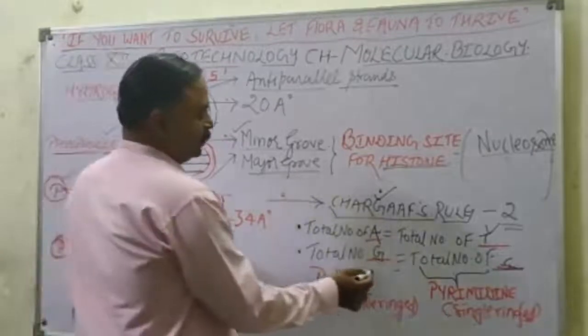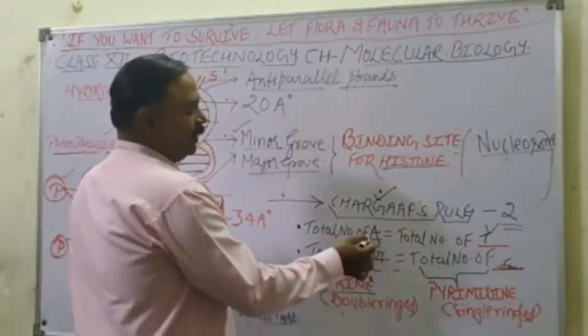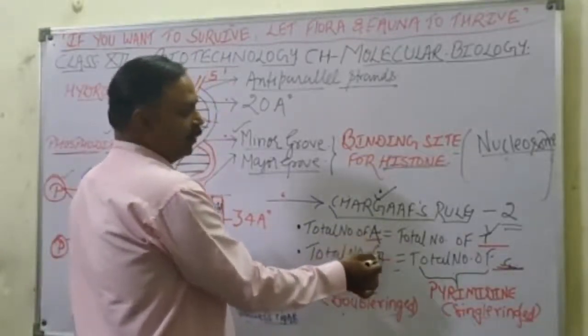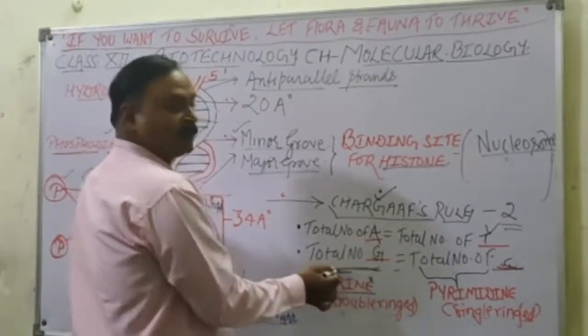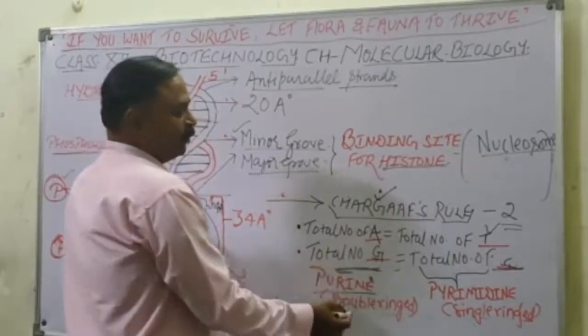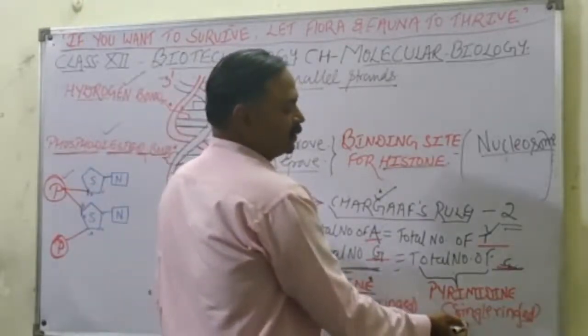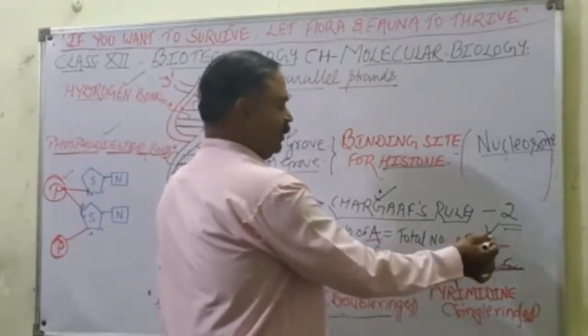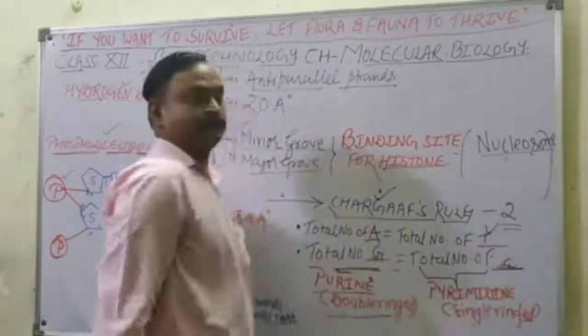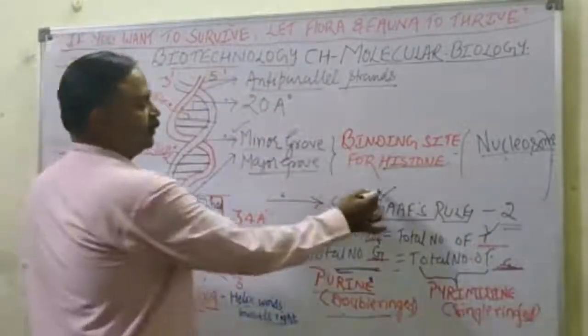And then purine and pyrimidine: adenine and guanine are called purines. Purine is a double ring structure and pyrimidine is a single ring structure, which is made up of thymine and cytosine. So this is all about your Chargaff's rule.